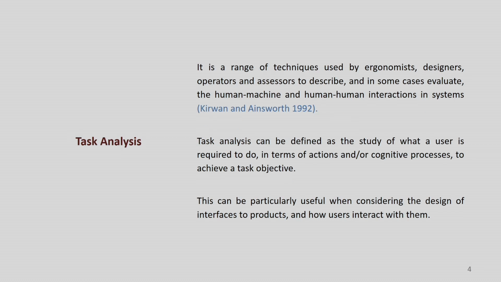It is a range of techniques used by ergonomists, designers, operators and assessors to describe and in some cases evaluate the human-machine and human-human interaction in a whole system. When we talk about task analysis, we need to understand how we are interacting.